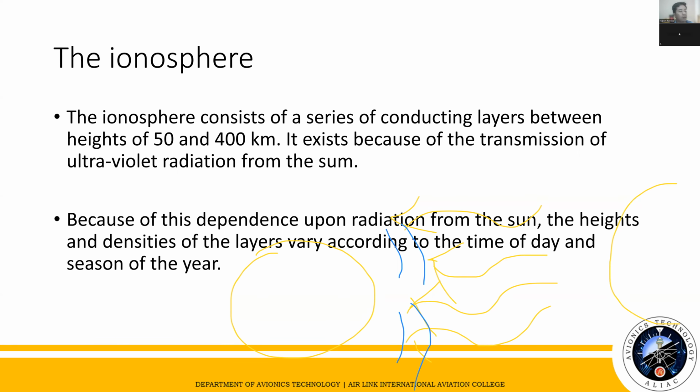Kaya nagkakaroon din ng pag-travel ng radio waves. So because of this dependence upon the radiation from the sun, the height and densities of the layers vary according to the time of day and season of the year.